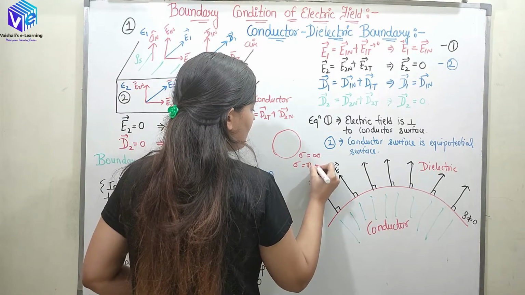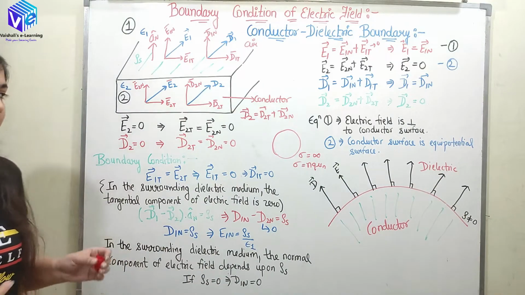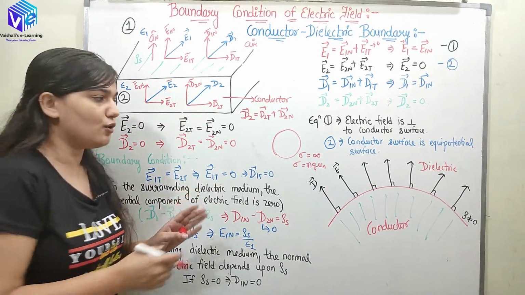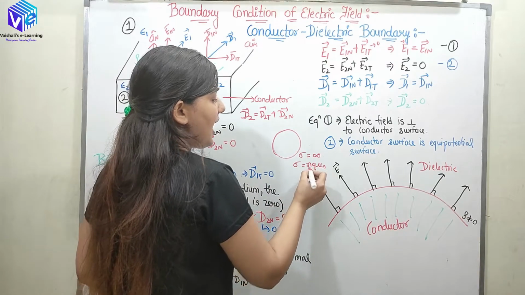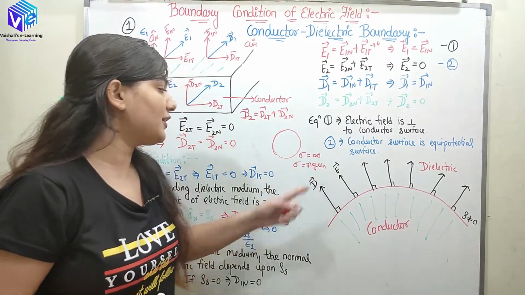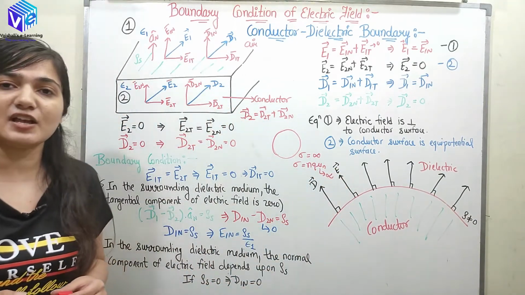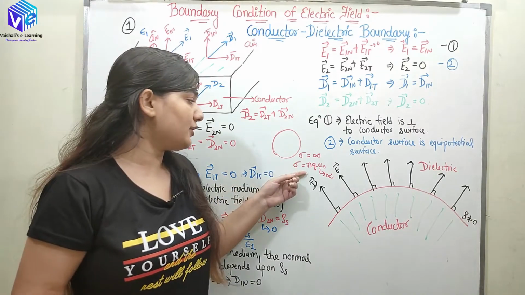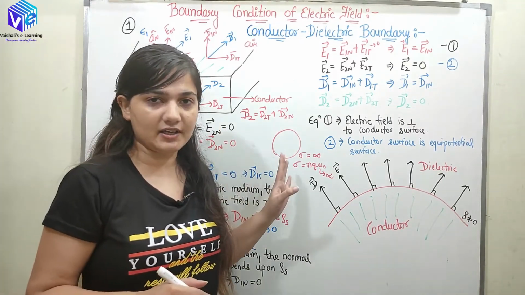Sigma is equal to n q mu n. These equations we already know. In the case of a conductor, sigma is infinity, n is constant, q is constant. So mu n has to be infinity in the case of conductors, so that sigma will be infinity and we can call it a conductor.